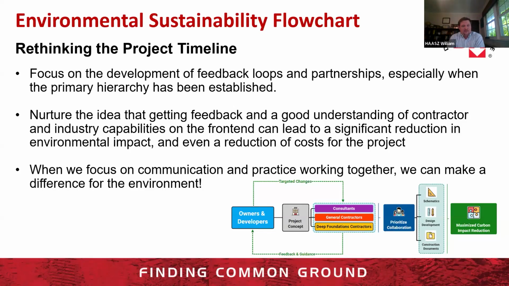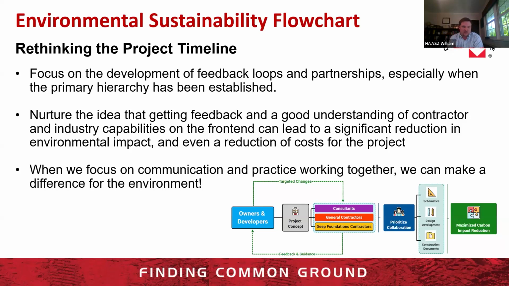So if we focus on the development of feedback loops and partnerships, especially when the primary hierarchy of a project has been established, you can imagine that that's going to lead you in the direction of reducing the carbon impact to its highest capacity. If we find common ground and nurture the idea that getting feedback and a good understanding of contractor and industry capabilities on the front end can lead to a significant reduction in environmental impact.